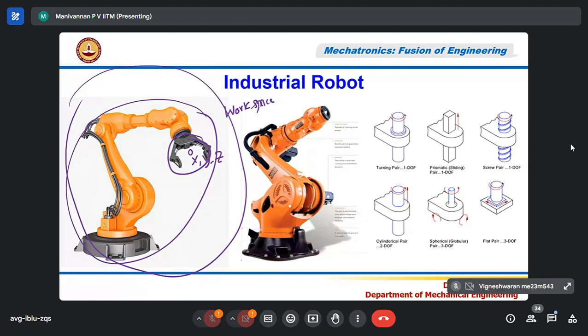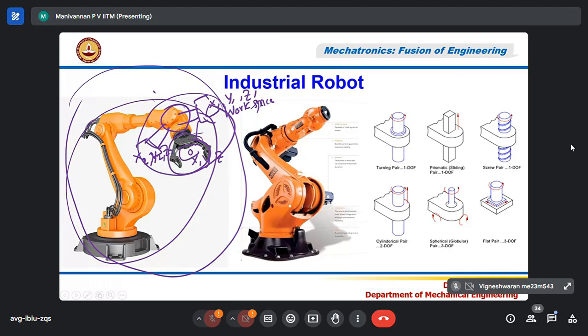Then if I move this, it can become like this. Now it is, I say, X1, Y1, Z1. Then I can move this like this also. I say X2, Y2, Z2. So by moving this joint, this mechanism, I can make the end effector move to a different location.